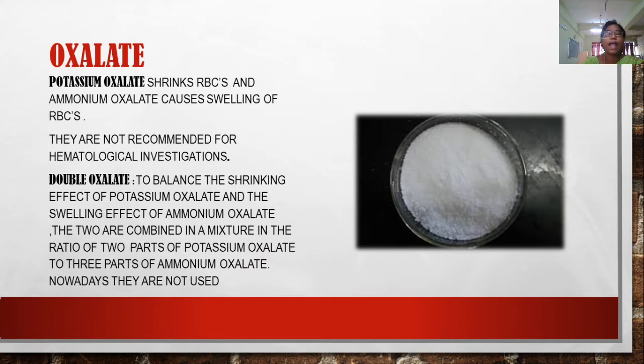Then oxalate. When I was working on the clinical side, I knew about oxalate. It is an anticoagulant in crystal form, but nowadays oxalate is not used in clinical settings. Heparin and EDTA bottles are used as anticoagulants to collect the blood.